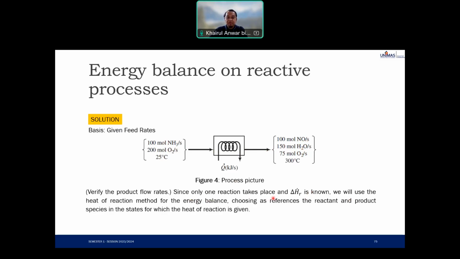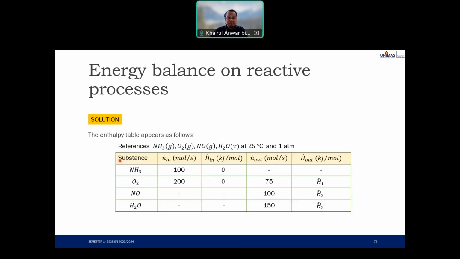Since only one reaction is given and the delta HR is known, we use the heat of reaction method. But you can also use the heat of formation method, regardless of whether delta HR is given or not. Use as a reference the reactants and products in the state for which the heat of reaction is given.